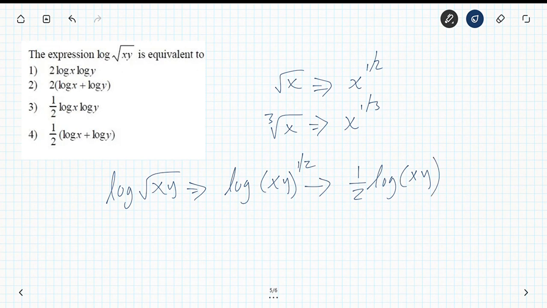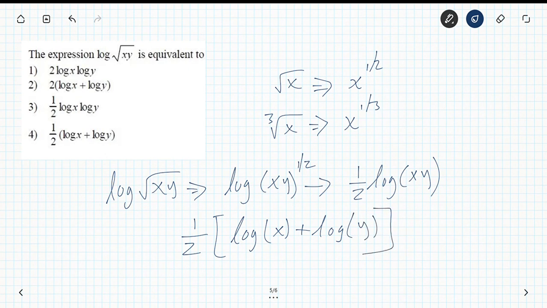Okay, and what do we have now inside this parentheses? We have the product of two things. So we can write it as 1/2, and we say the log of x plus the log of y. Alright, and they're both being multiplied by 1/2 because their exponent is 1/2. So let's see, we have answer choice number 4 as being the most appropriate choice.